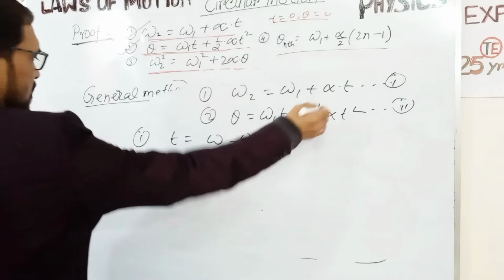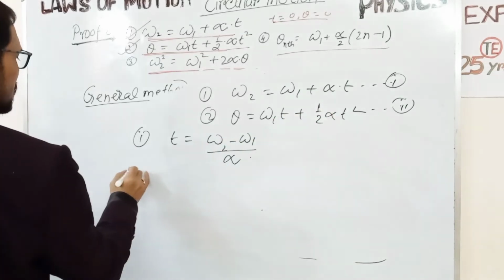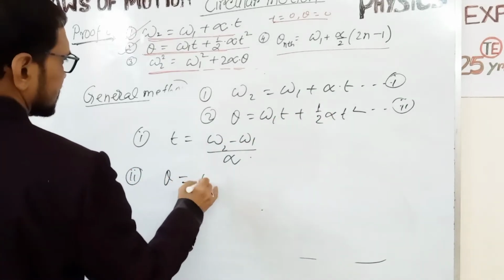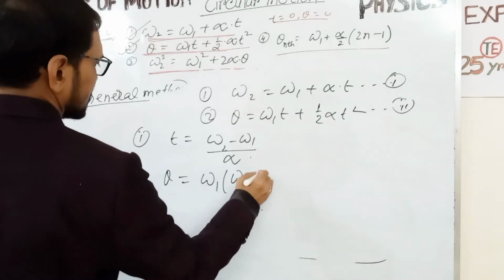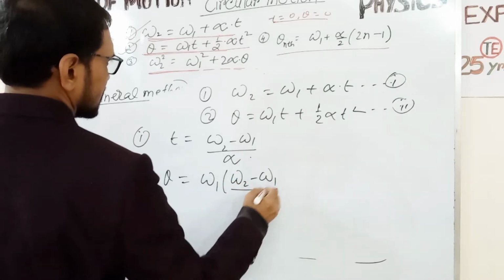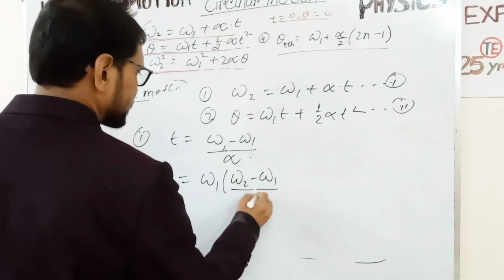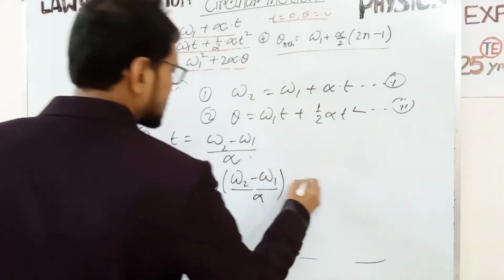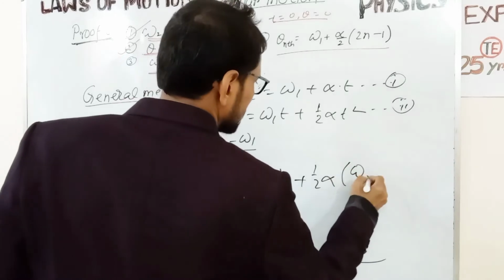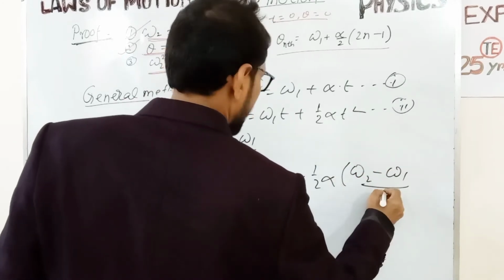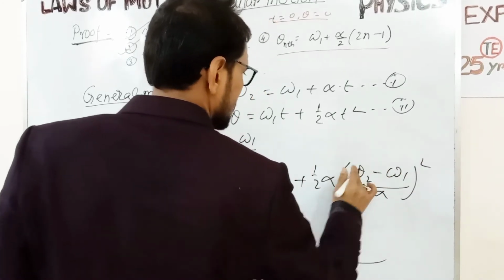Now from 1 we get t equal to this. If we put t here in 2, we get this plus half alpha, this.